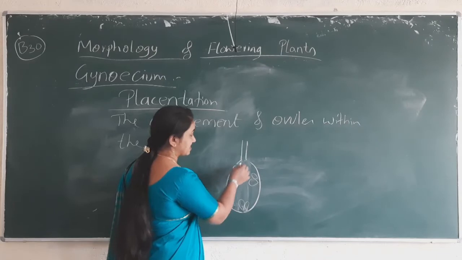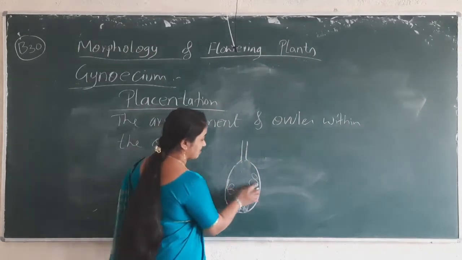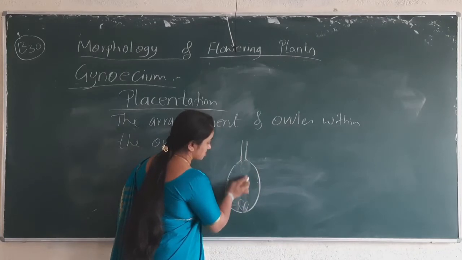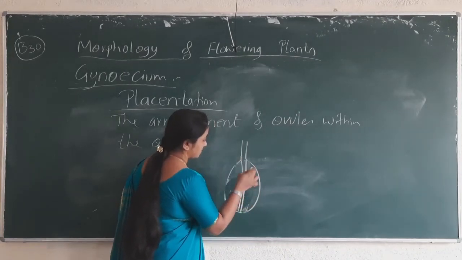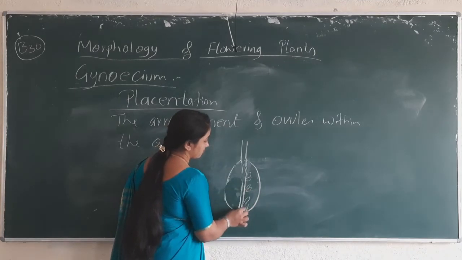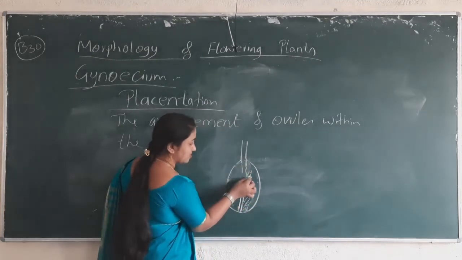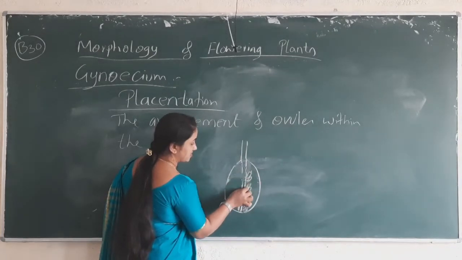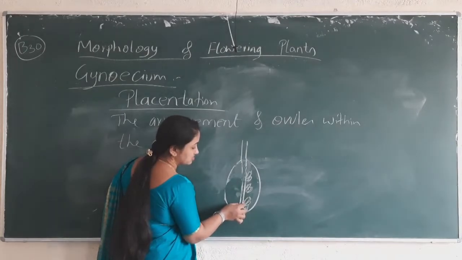Now the placenta, what do you mean by placenta? In the earlier diagram, I drew one line over here, right? And onto that, I showed you the ovules like this, right? Whatever ovules are present within the ovary, they get attached to this part.